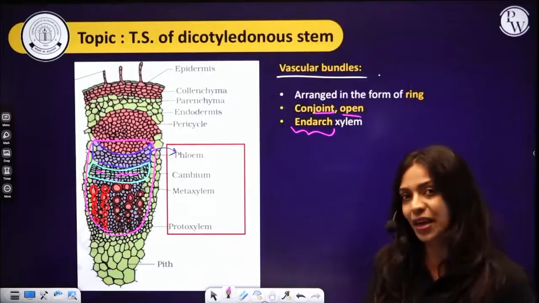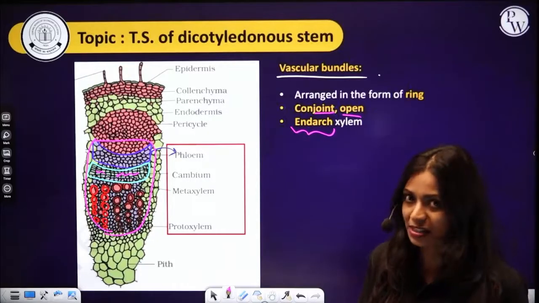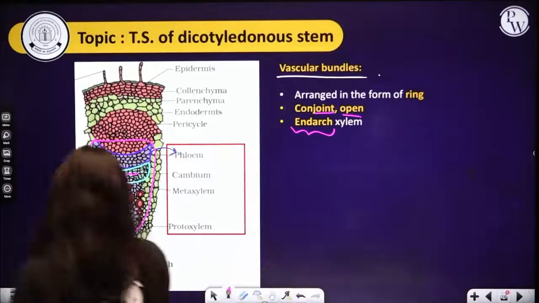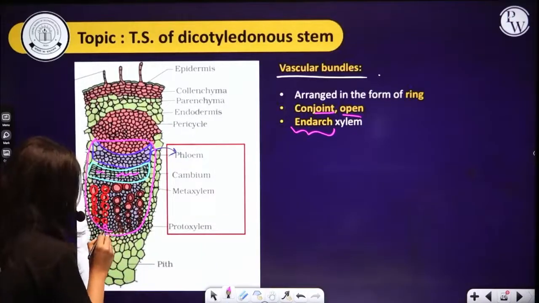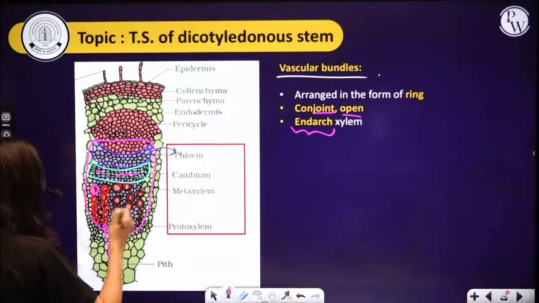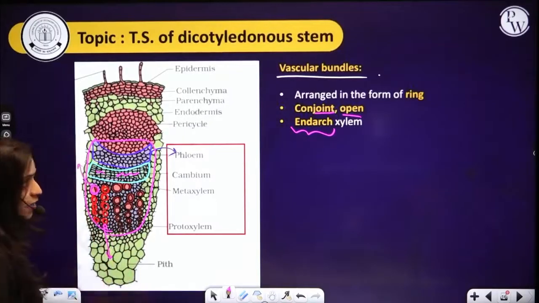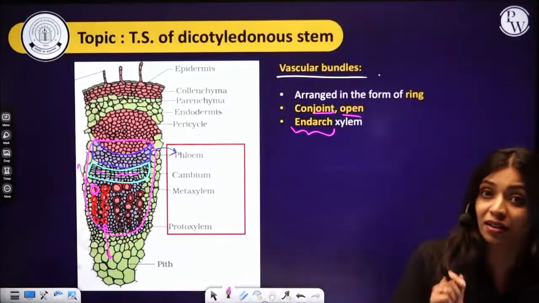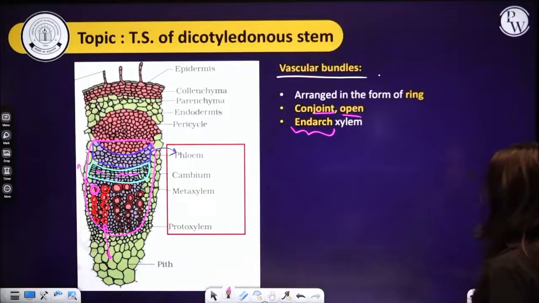If it has to be endarch, the protoxylem has to face the inside, and the metaxylem has to face the periphery. Over here, the protoxylem with the smaller lumen faces the pith or the inside, while the metaxylem, which has the wider lumen, faces the outside or the periphery. So clearly over here we can see endarch arrangement of primary xylem.